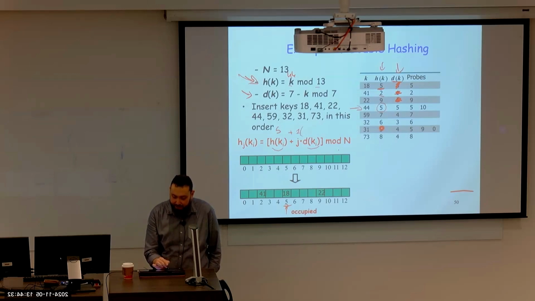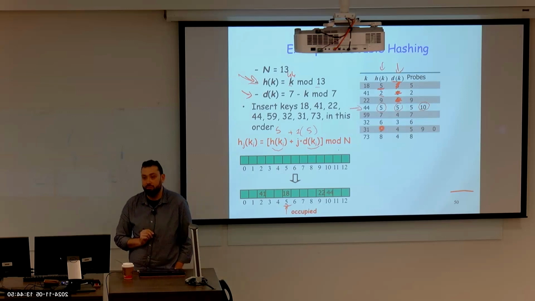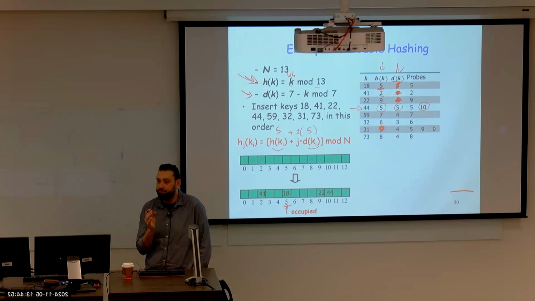It's 7 minus 44 mod 7. It's going to be what? Also 5. If you do the calculation, it's also 5. So that means it's 5 plus 5 mod 13, which ends up with 10. That's why I'm going to have the 44 here. Did you get the idea? We'll do another example. Okay?